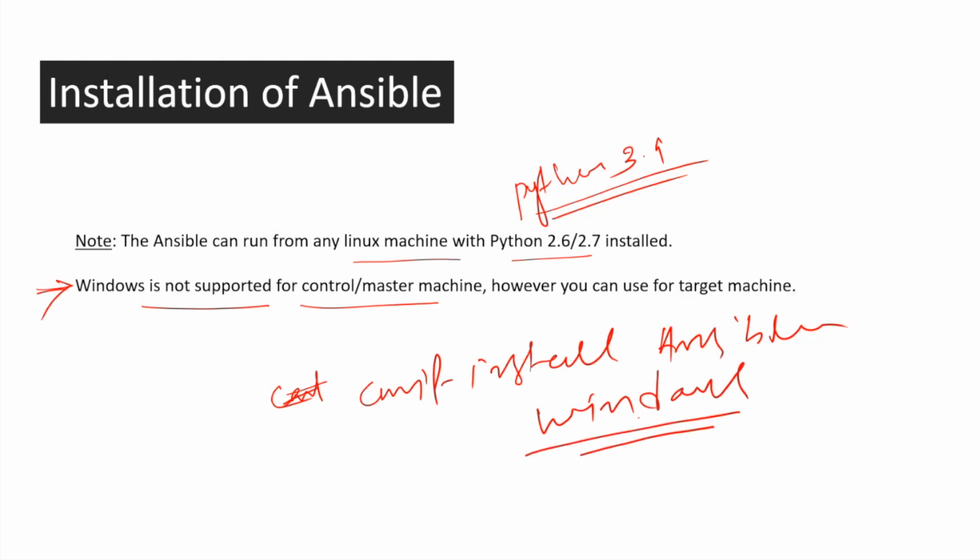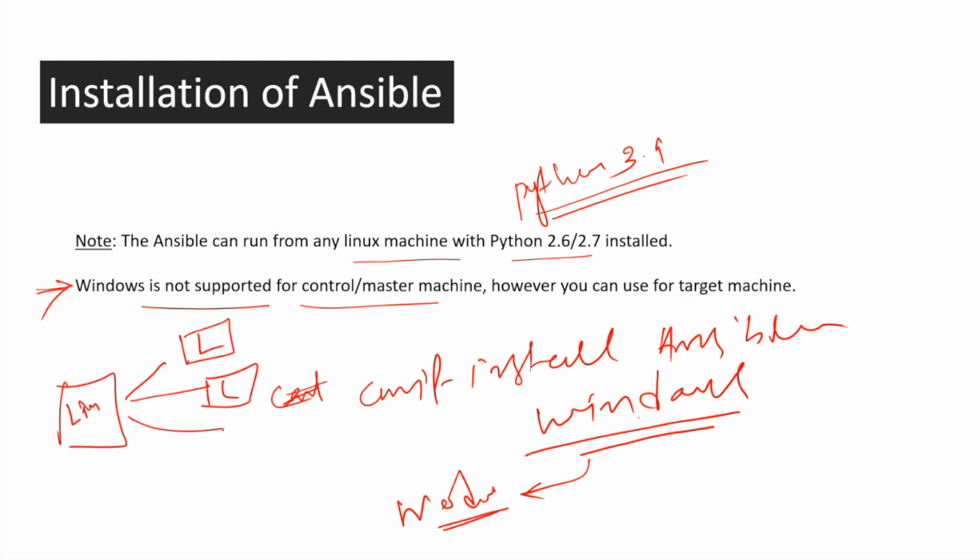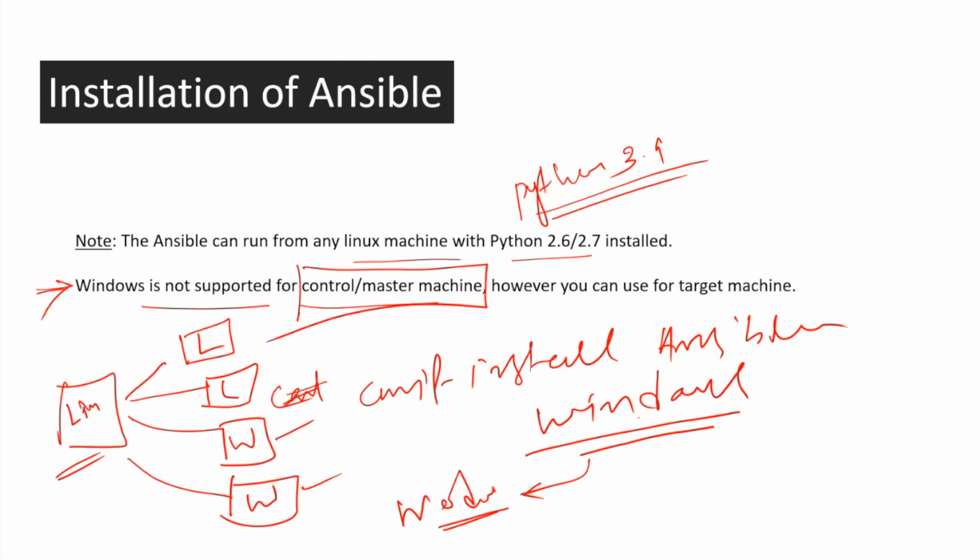However, you can make the Windows machine your node machine, your target machine. So Ansible will be on the Linux machines, and we can use another Linux machine to configure Windows machines. This Windows machine can be your node machine, but it cannot be the controller or master machine. Okay, Windows is not supported for control or master machines.